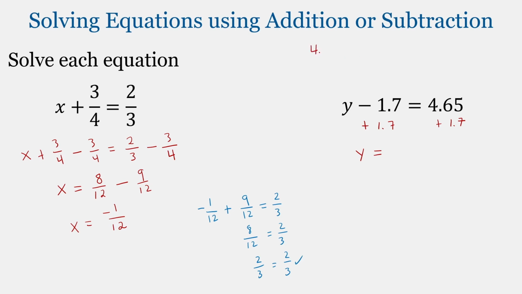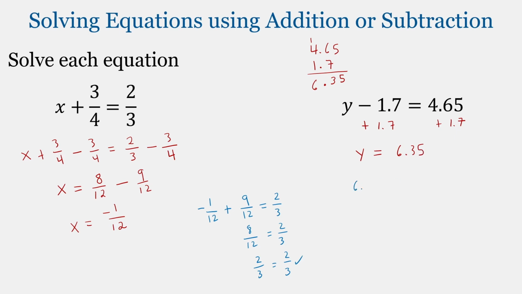So we have 4.65, and when we add and subtract decimals, we need to line up those decimal points. So 5 plus 0 is 5. 6 plus 7 is 13. We're going to carry the 1. Then we'll bring down that decimal place as well. And this is 6. So y is equal to 6.35.